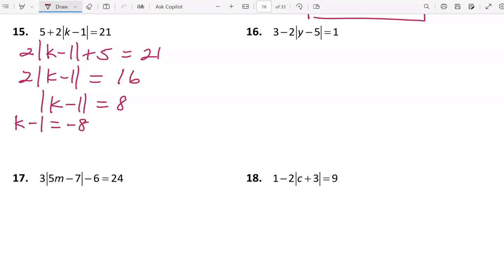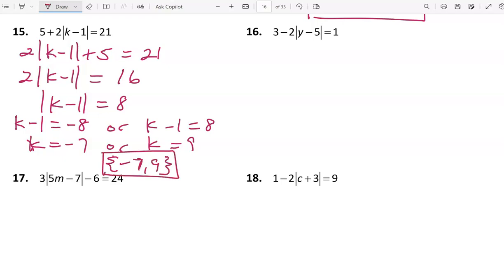The thing inside can either be -8 or the thing inside can be +8. Adding 1, we get a solution set with the two numbers -7 and +9 as solutions to this equation. Remember, these are checkable.